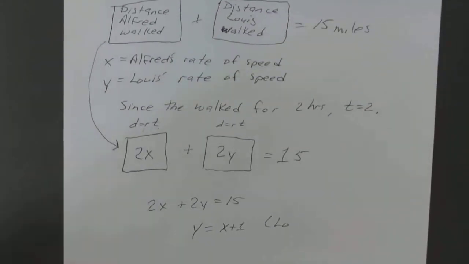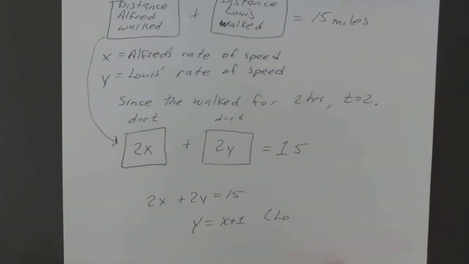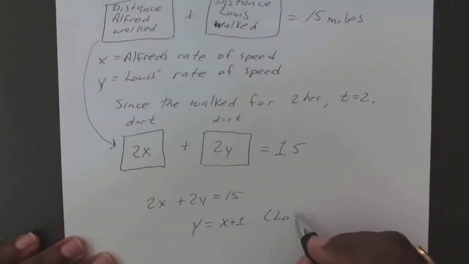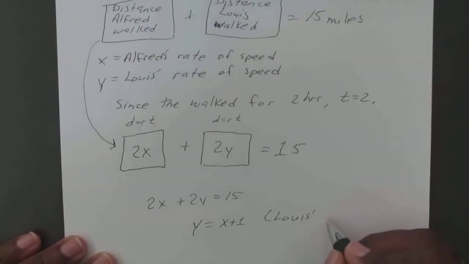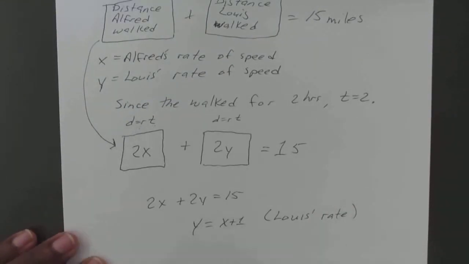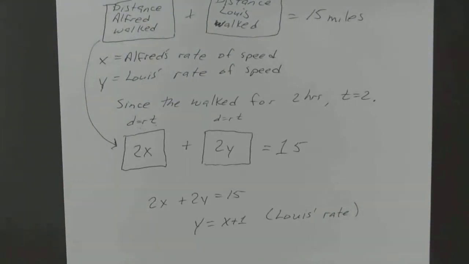All right, so this is Lewis's rate. So now we have our 2 equations. So the easiest way is just use substitution, plug it right on in, and solve for x.